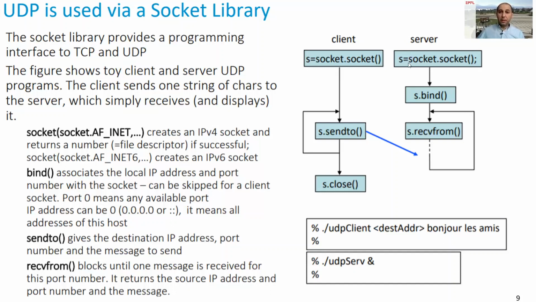So when you create a socket in Python, for example, it will call the lower-level library of the operating system to create a socket at the operating system level. So what we describe here applies to almost all socket libraries of the different object-oriented programming languages.